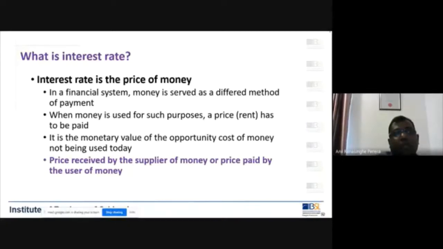And when they are using money, we typically observe a price is paid for the usage of money. So when you are using money, you are basically paying a price or a rent. It's basically a monetary value, meaning you pay the rent in money terms. It is the opportunity cost of the money. If someone has used that money for something else, what could have been earned out of that? That is the opportunity cost.